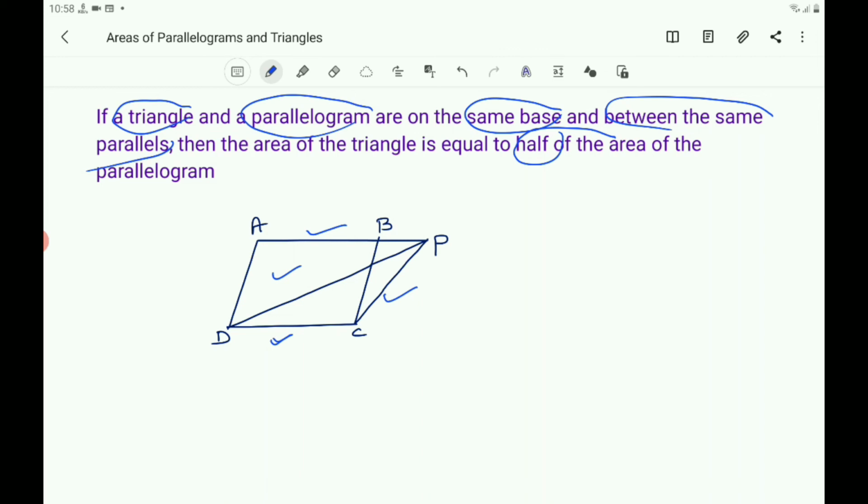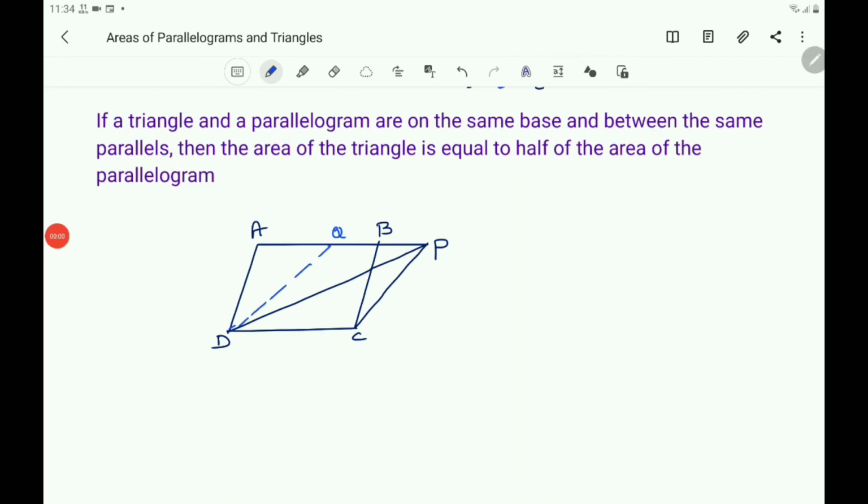How can you prove this? Let us take the figure. In this figure, ABCD is a parallelogram and DCP is a triangle, and we have to show that the area of triangle DCP is half the area of the parallelogram ABCD. Now you draw DQ parallel to CP.